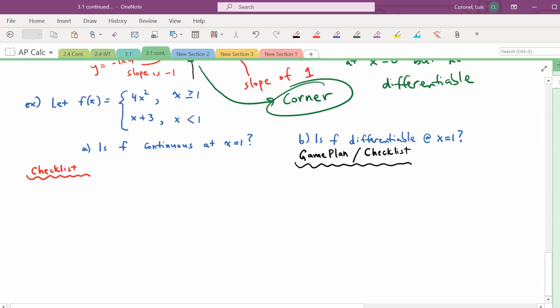So the first question, part A, is, do we have a continuous function? Is f continuous? Now, there's a little checklist that we have to do, and we've talked about this in a previous lesson.